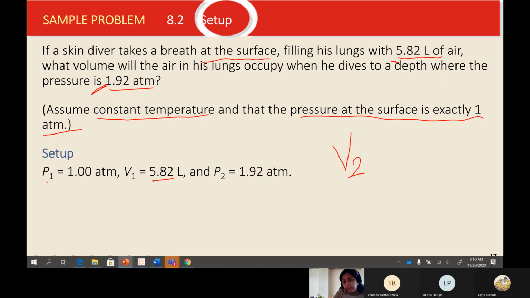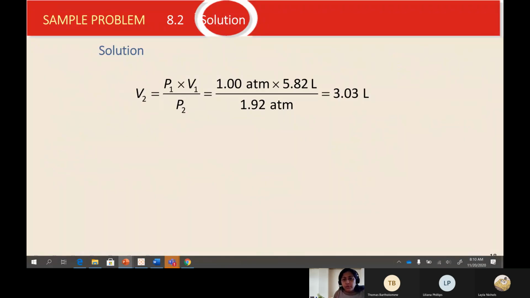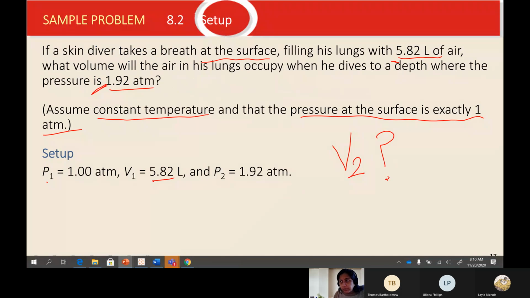Yes, we are looking for V2. So we'll use the Boyle's law equation, P1 V1 equals P2 V2.